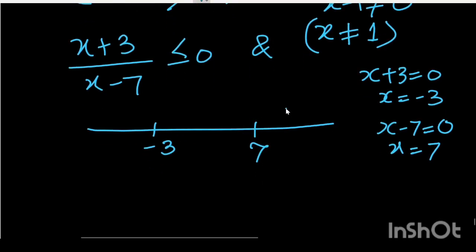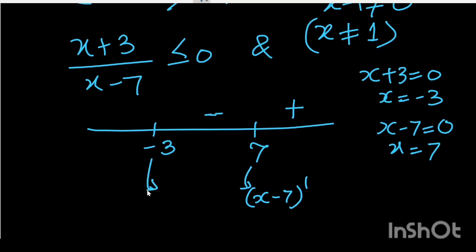So again, marking the rightmost interval by plus. Now at 7, the factor is (x - 7), power is 1, which is odd, so the sign would change to minus. And here (x + 3) is there, power is 1, so again minus is changed to plus.